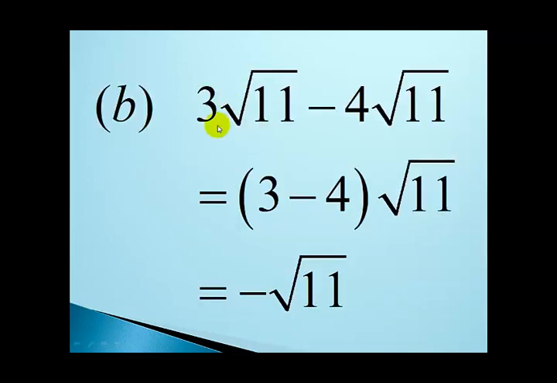Now B, 3 root 11 minus 4 root 11. Here we can also see that they carry the same surd. Root 11 here, we have root 11 here. And so we can subtract the coefficients, and the coefficients are 3 and 4. Now because we are subtracting, this means that we are going to have 3 minus 4 root 11.